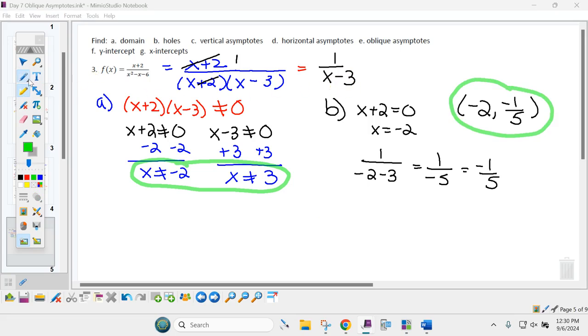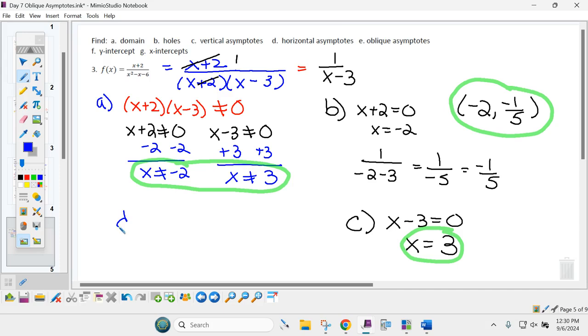The remaining denominator of the compressed function will get us the vertical asymptote. So when does that remaining denominator equal 0? It is x equals 3. Horizontal asymptotes. I'm going to compare. So I can either compare in my original function or the compressed function.